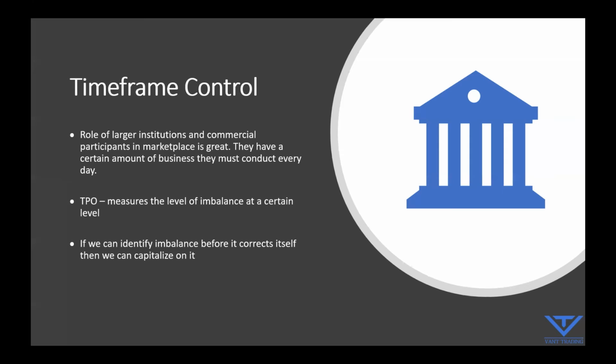And again, TPO, remember I talked about time, price, opportunity, measures the level of imbalance at a certain level for a stock. And imbalance and balance is something we're going to be hitting upon constantly, okay? Because you need to know when a stock's in imbalance.